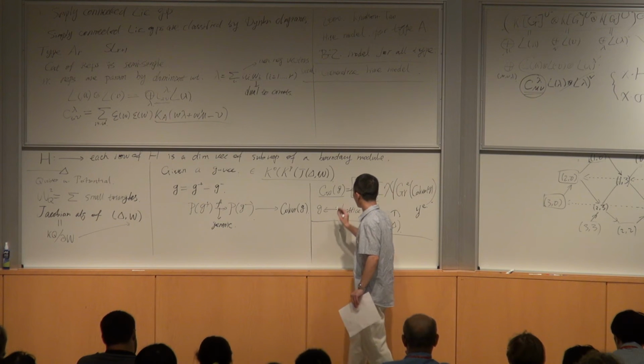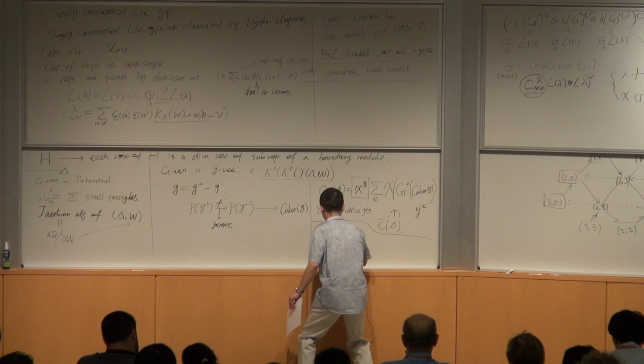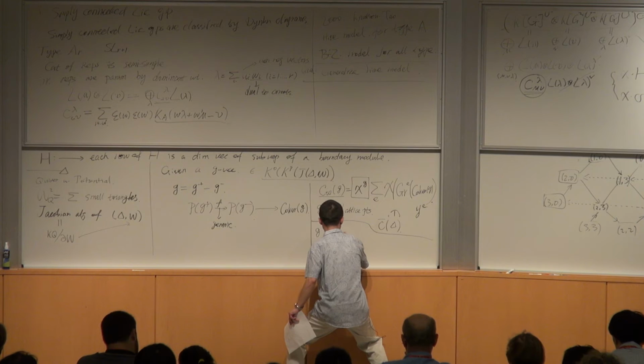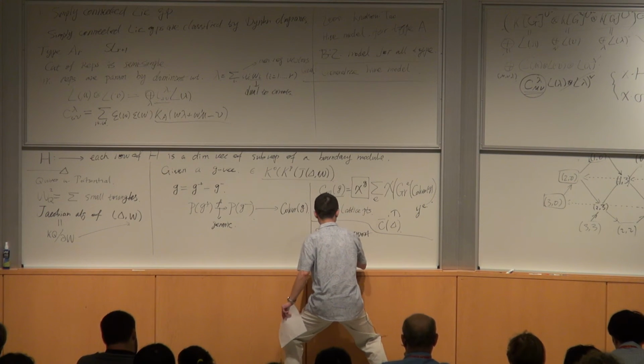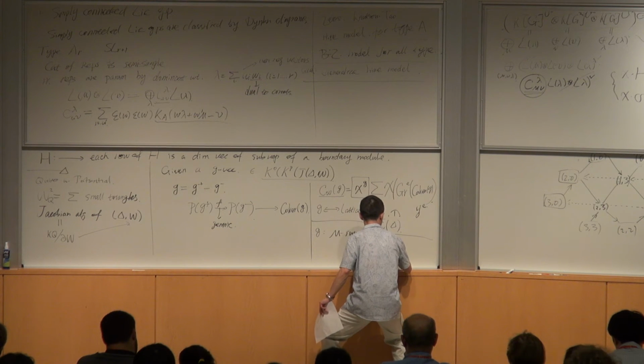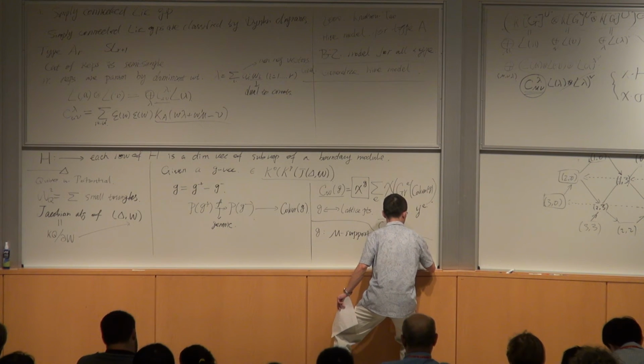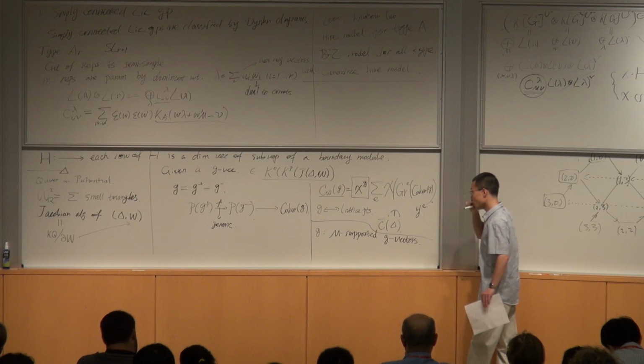We're going to consider the so-called mu-supported G vectors. What does it mean?